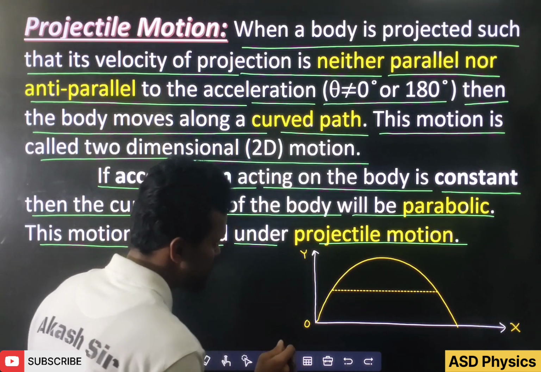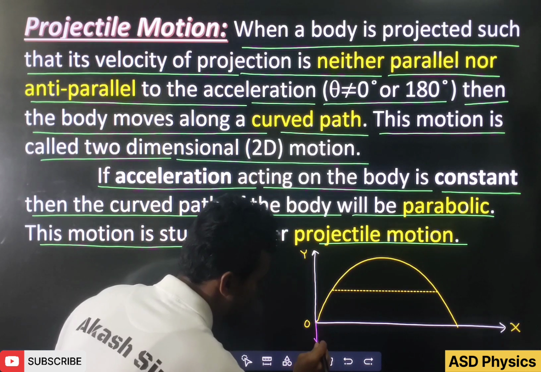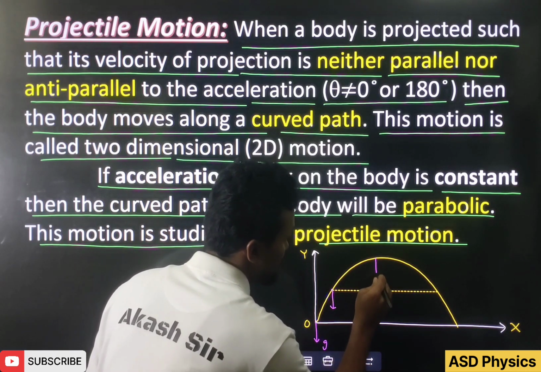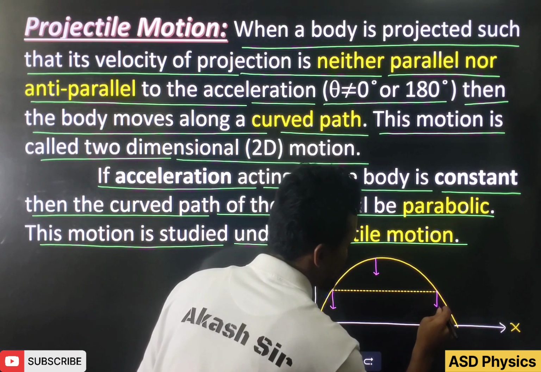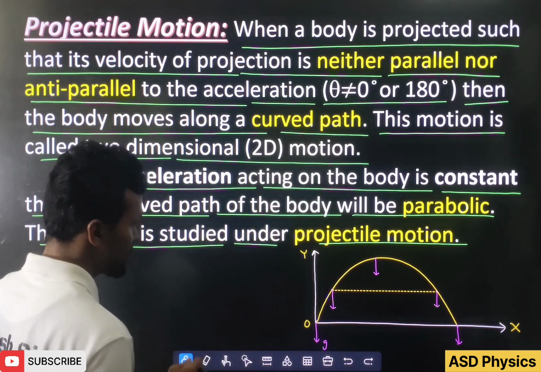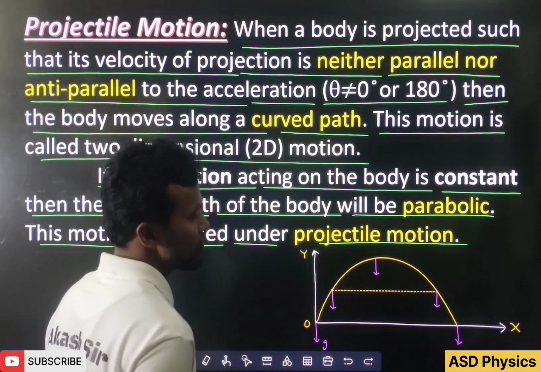If I talk about the acceleration at different points, you know very well that gravity acts downward at all the points, because gravity acts towards the center of the earth, or vertically downward.